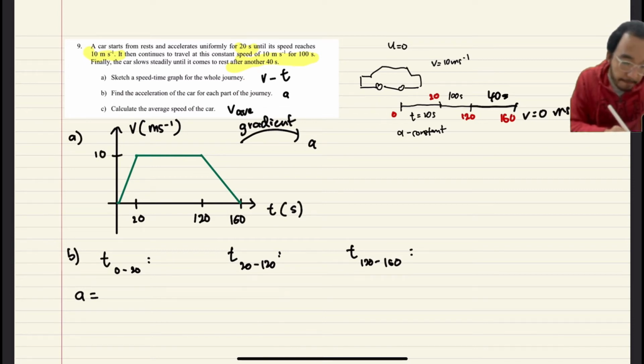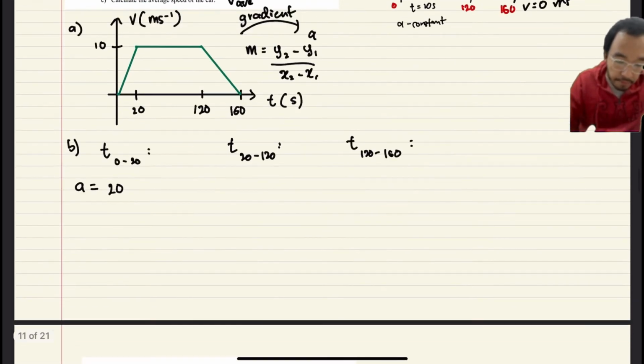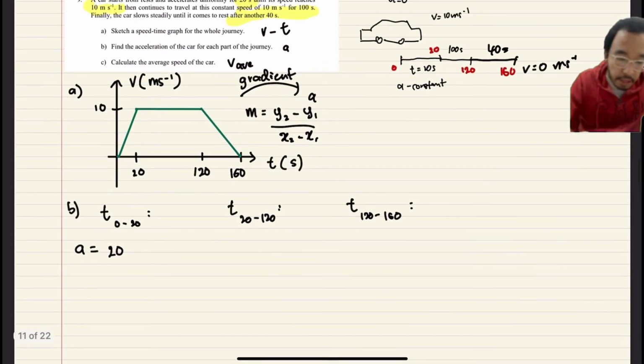Over here, it would be 20, so it would be y2. Maybe I write the formula over here: y2 minus y1 over x2 minus x1. Obviously you can write the formula over here, and over here, but since I'm running out of space, I just wrote it once over there.